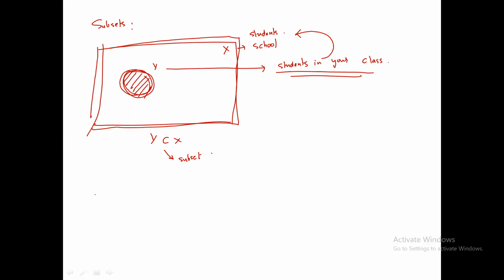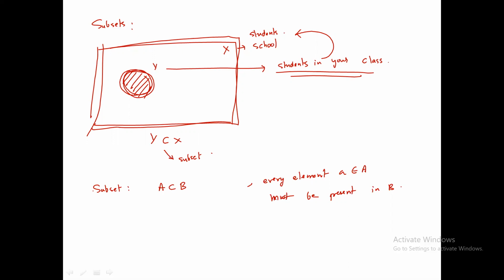So what is the definition for subset? If I say A is a subset of B, what do I mean? Every element belonging to A must be present in B also.